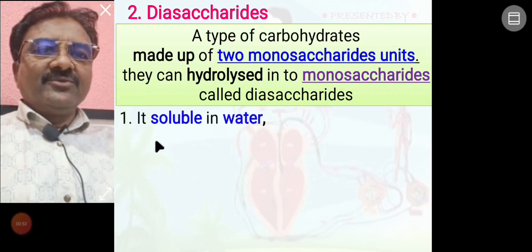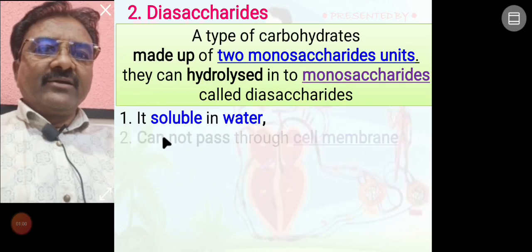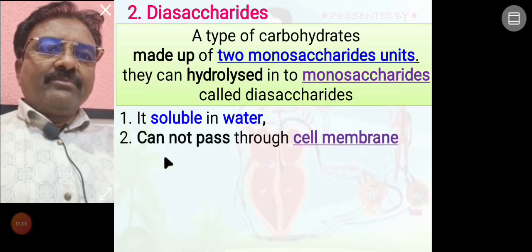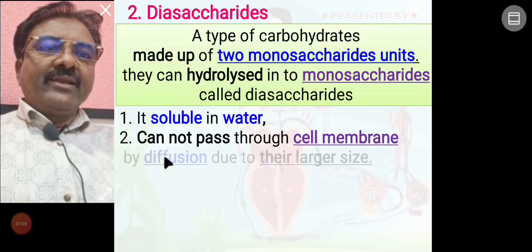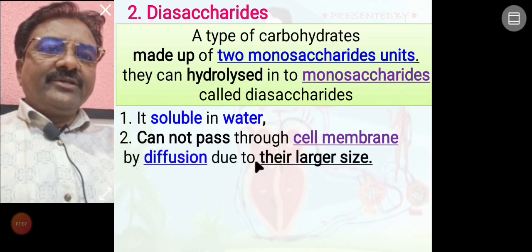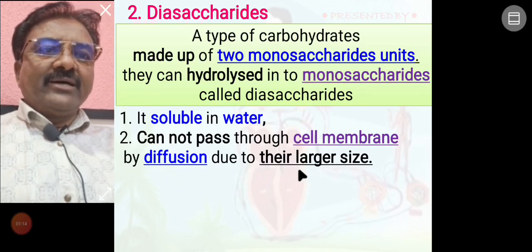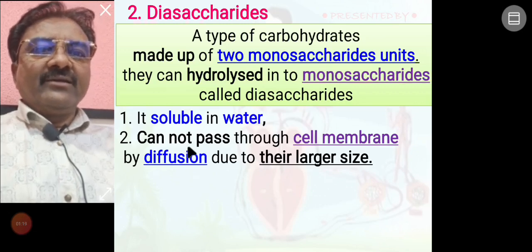Disaccharide is soluble in water. This is the characteristic feature of disaccharide: soluble in water, cannot pass through the cell membrane by diffusion due to its larger size. You know, monosaccharides, being smaller in size, easily pass into the cell through the cell membrane, but disaccharides cannot pass through the cell membrane by diffusion due to their large size.